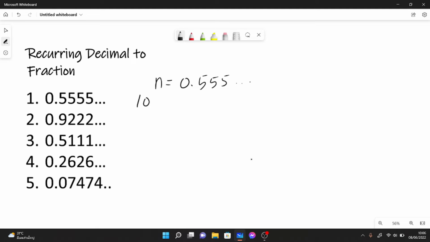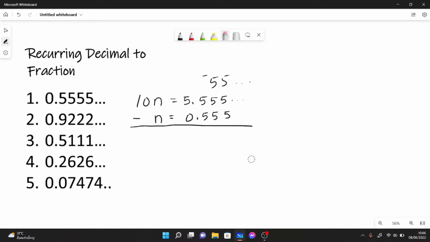Since only one number is repeating, we multiply it by 10. So 10n is equal to 5.555 and so on. And then let us subtract n, the original given number, 0.555. So 10n minus n, or 1n, so 10 minus 1 is 9.